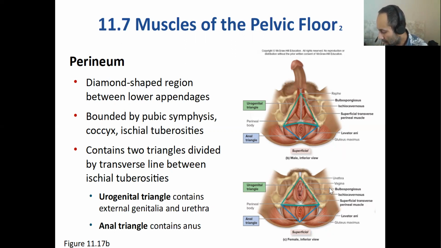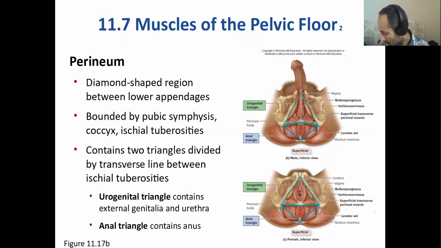Think of it this way: the bulbospongiosus muscle enables ejaculation in males and the expulsion of the final few drops of urine. That's what this bulbospongiosus muscle does, all right?